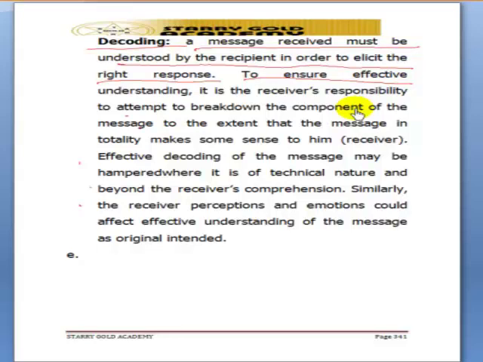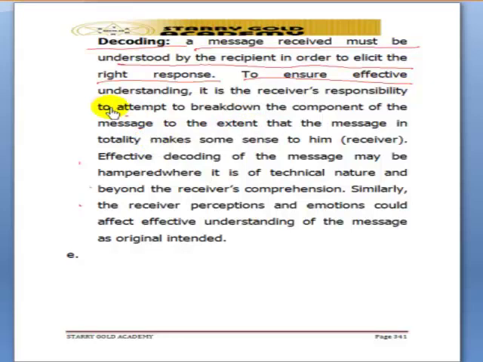So if a message is not properly coded, that is, using the right words or language to communicate it, then definitely a number of things can happen. To ensure effective understanding, it is the receiver's responsibility to attempt to break down the components of the message. So what are we talking about here?